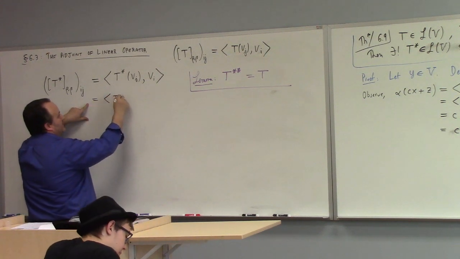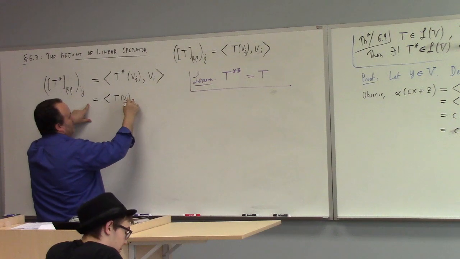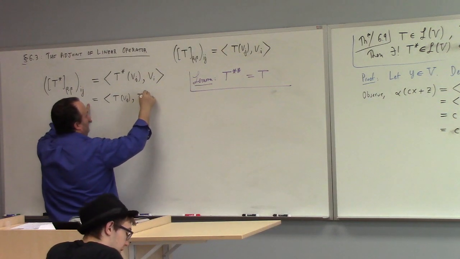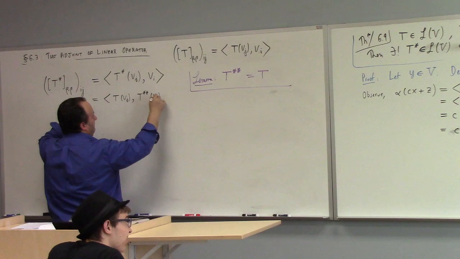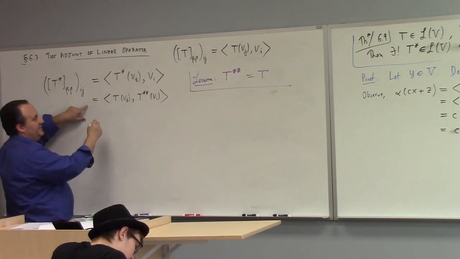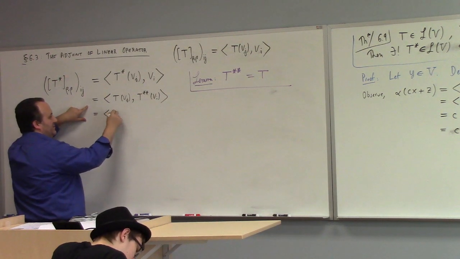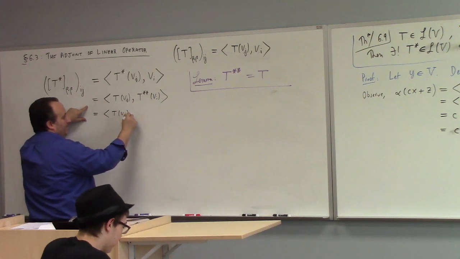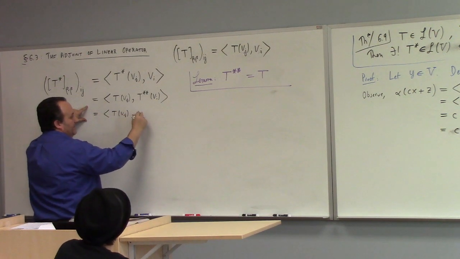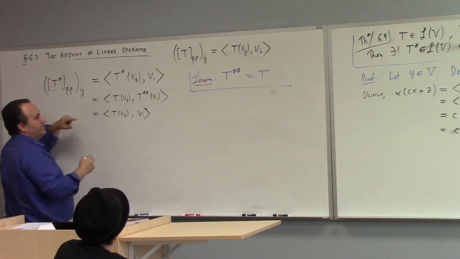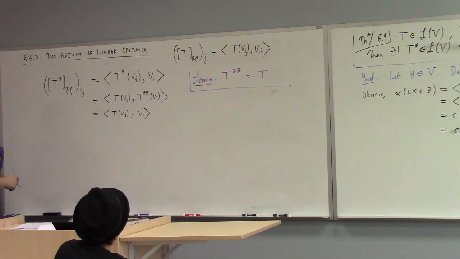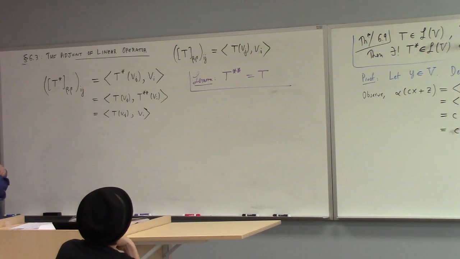We've got T of Vj, right? And then T star star of Vi, right? But that, by the lemma that we've not proved yet, but we will, is Vi, right? Actually, wait a minute.